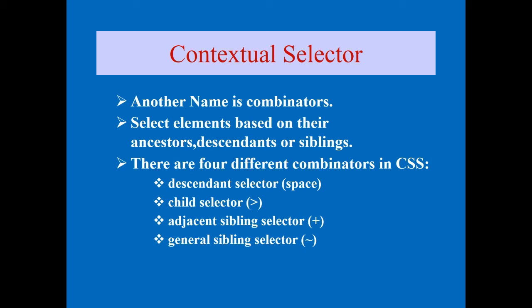First one is the descendant selector, along with the space; child selector, greater than symbol; adjacent sibling selector, the plus symbol; and general sibling selector, this symbol is called the tilde. So these 4 different combinations are available in the contextual selectors.